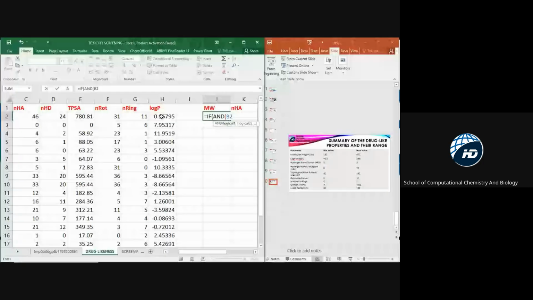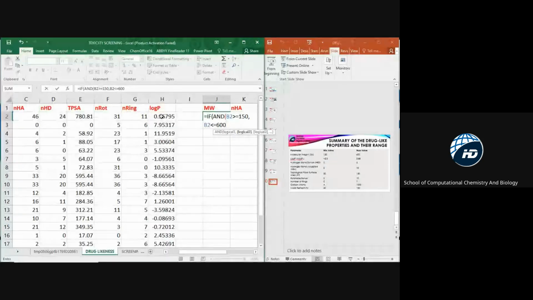So we say if B2 is greater than or equal to 150, and also if B2 is less than or equal to 600, that is the range we just built.